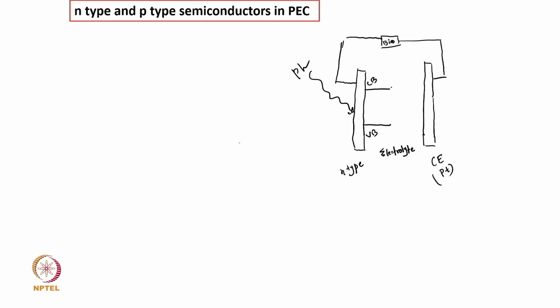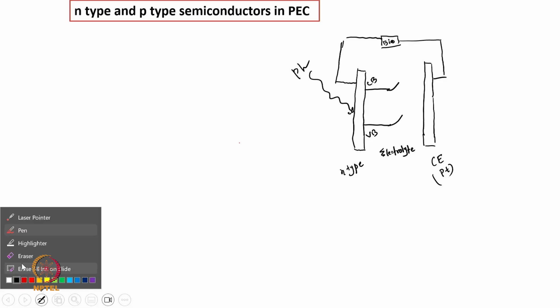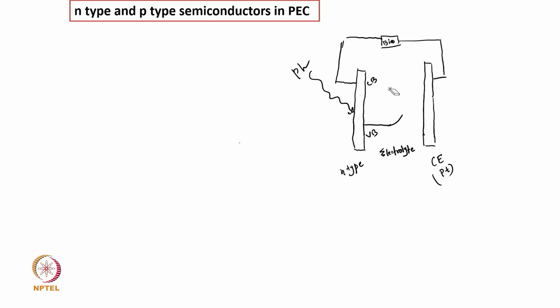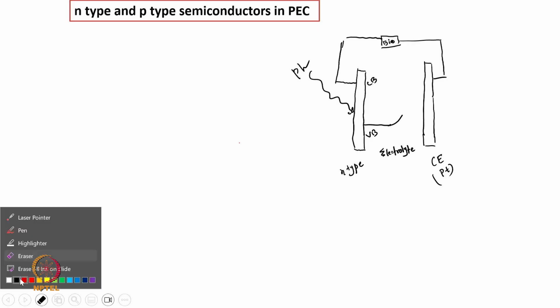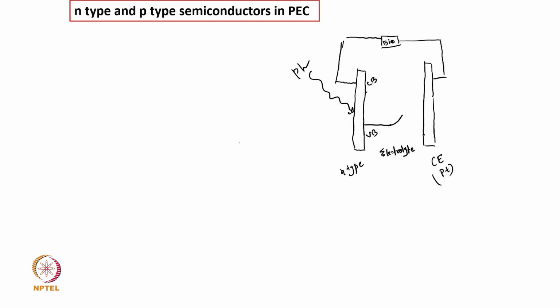And then when we consider this as an N-type electrode, we have a band bending like this. Okay. So this is the path of the electron in this case, and this is the path of the hole. Electron-hole pairs are generated here.